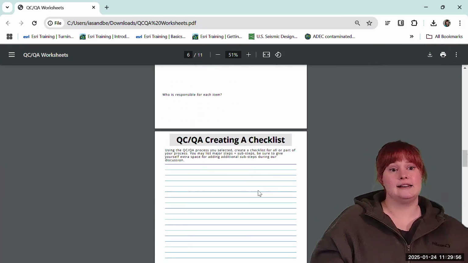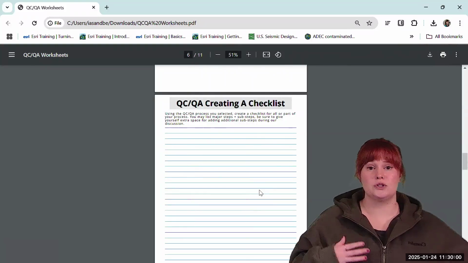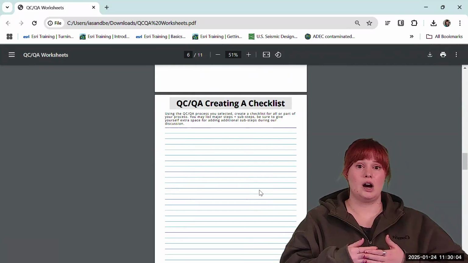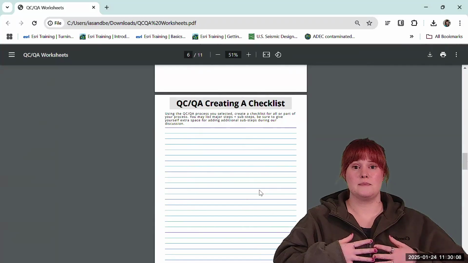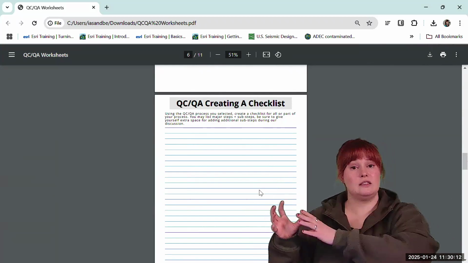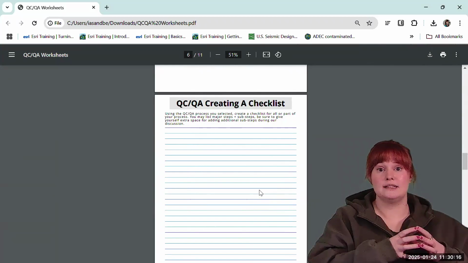Then we want to look at maybe creating a checklist, right? Checklists can be really helpful so that people don't forget, especially if you have processes that are multi-step, or maybe part of the process happens during one portion of the project, and then there's maybe a big gap, and then you continue with that process.